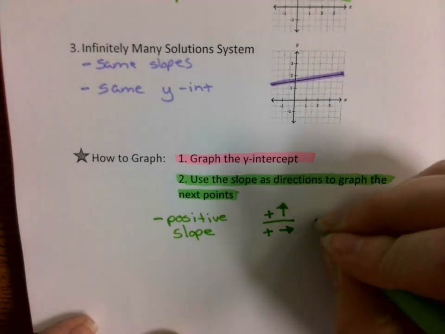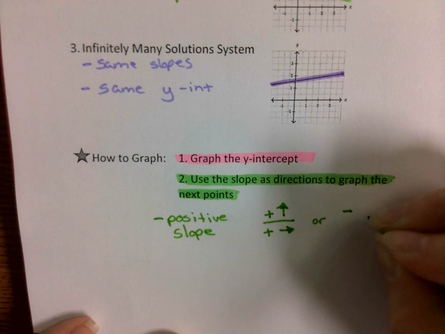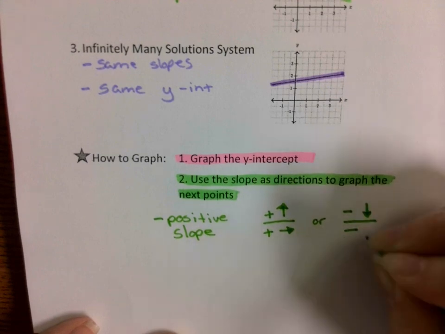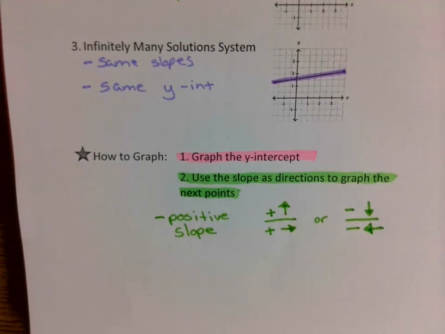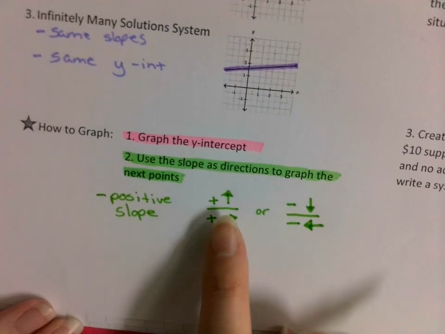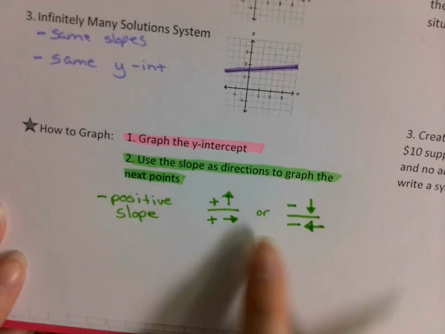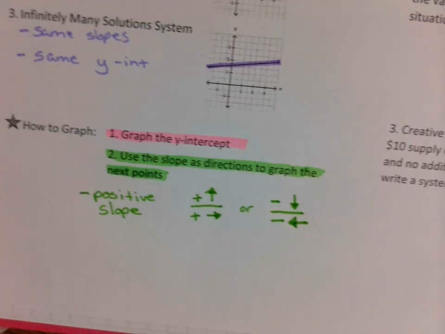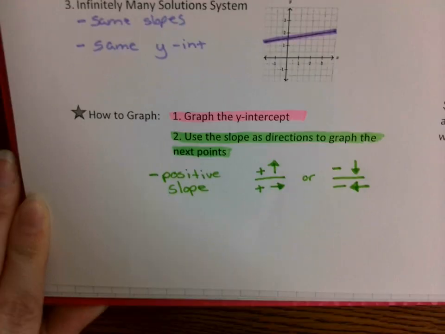Or you would have a negative over a negative, which means you would go down and then you would go to the left. When graphing positive slopes, that means that you're going in both positive directions or both negative directions.